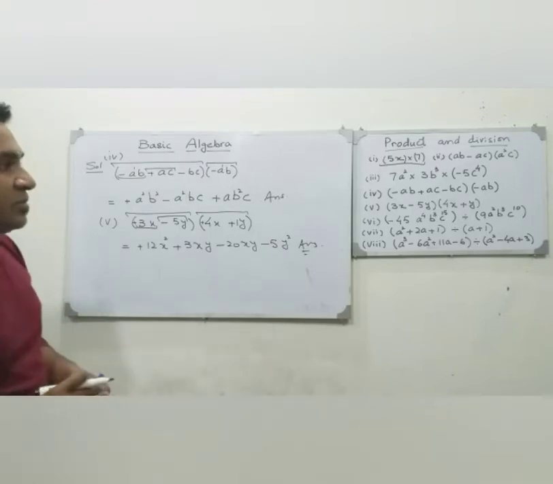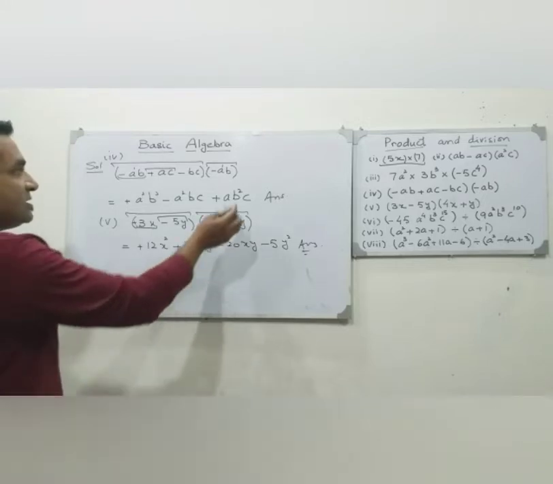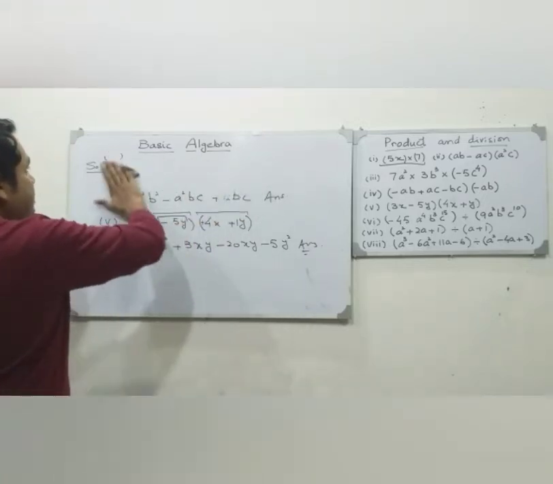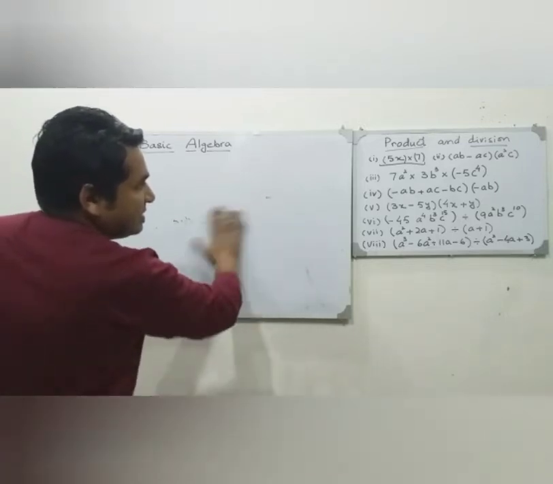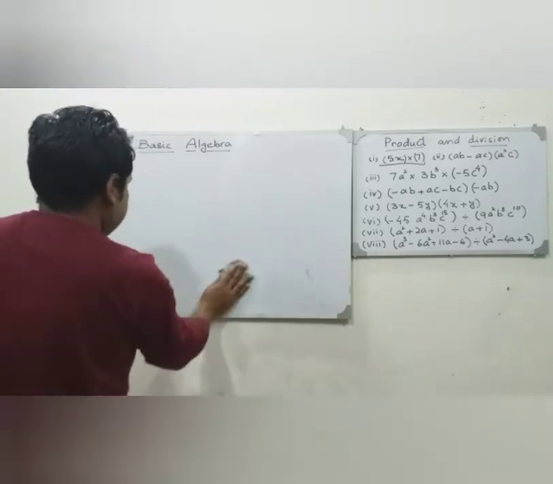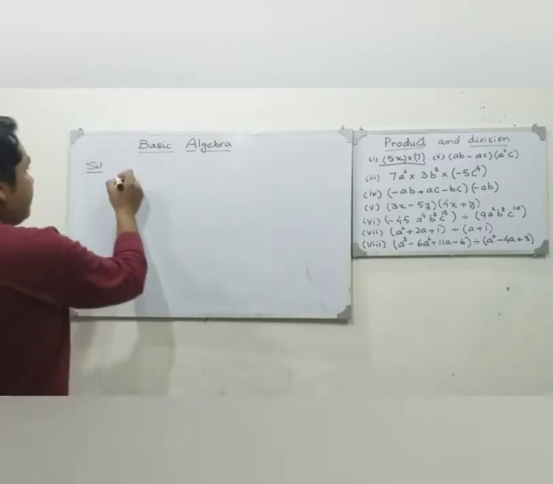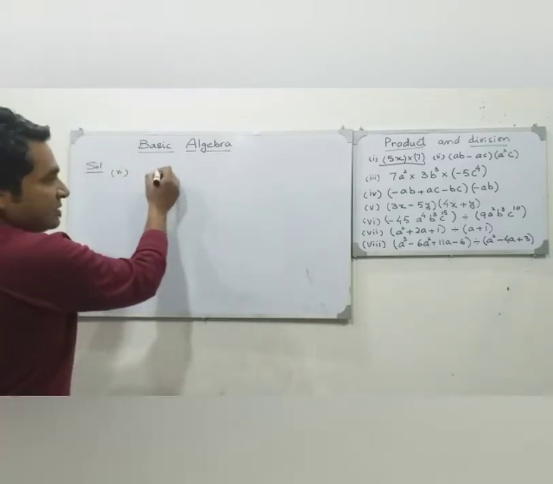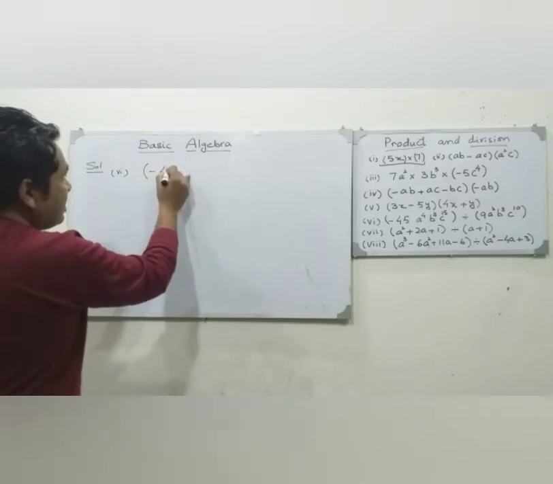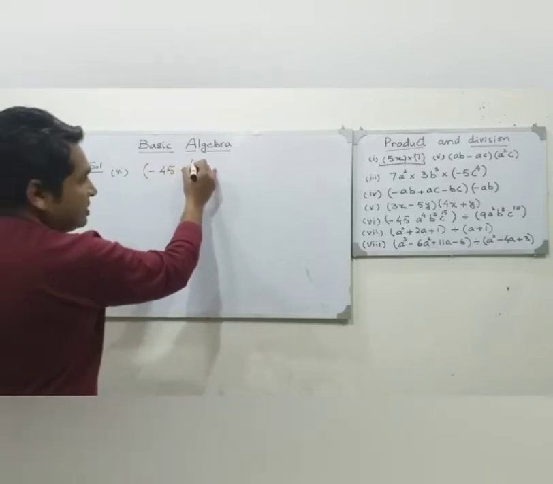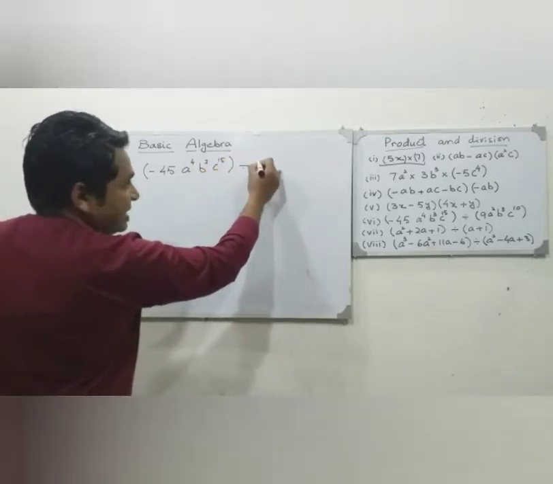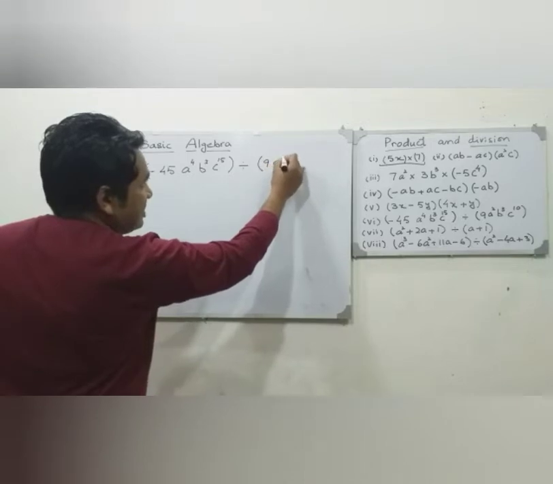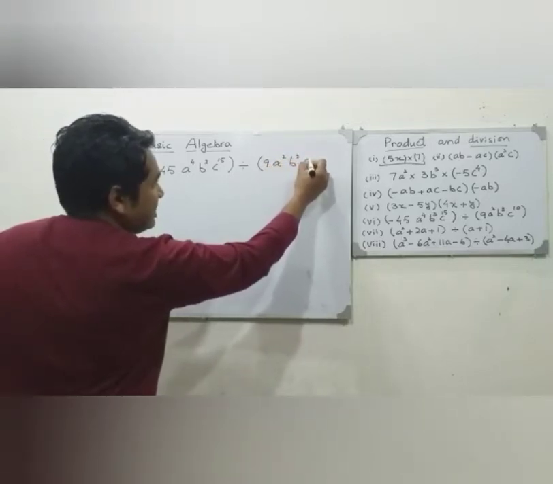So I hope the product till part number 5 is clear. Now let's move to division. Let's find out the answers of questions number 6, 7, 8. So part number 6 is minus 45 a^4 b cubed c^15 divided by 9 a squared b cubed and c^10.